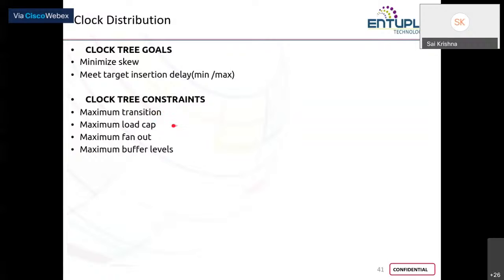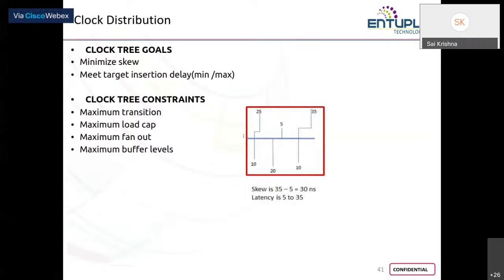So this transition, capacitance, and fan out is common for both clock path as well as your data path. We just have to make sure that in either case or at any point in your design, they are not being violated.